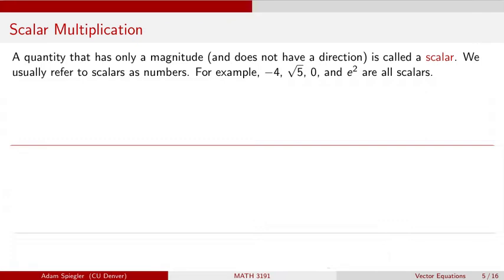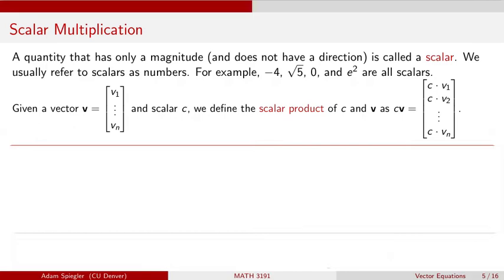So let's first talk about how we can multiply a number and a vector. Given any vector v, in this case in Rn, that I'm denoting with this bold v, and a scalar, which we denote unbolded without an arrow above it, this scalar is a c. Now hopefully you start to see the importance of keeping the notation separate for vectors and scalars, because these are different objects and the way that we do arithmetic with them is different.